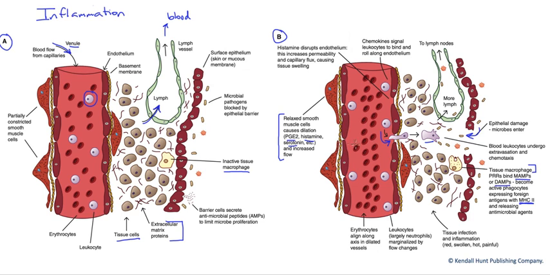Now, some of the other chemicals, like histamine, will actually disrupt the endothelium. That certainly helps with the extravasation, but it also increases the permeability to things like complement proteins or antibody proteins that are also going to become active in this interstitium, helping to label and destroy these invading pathogens.